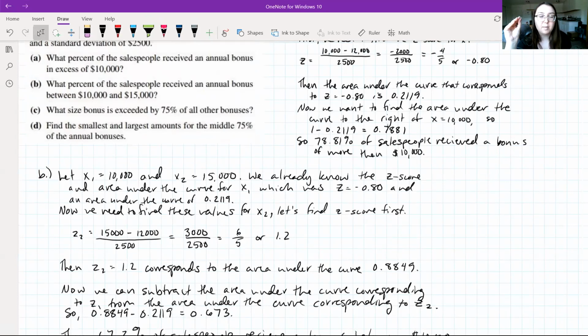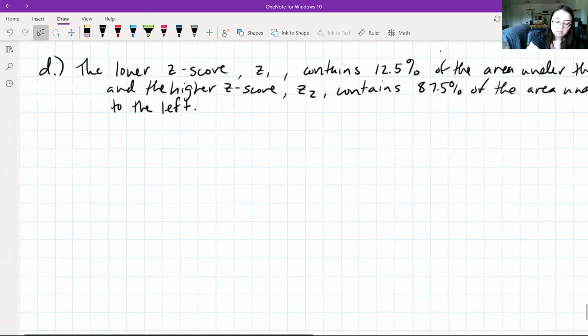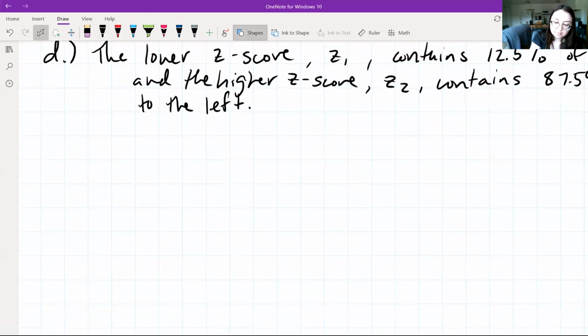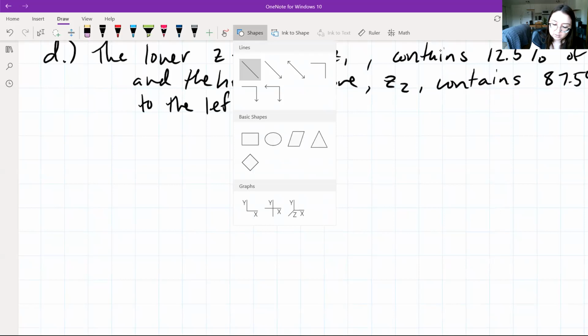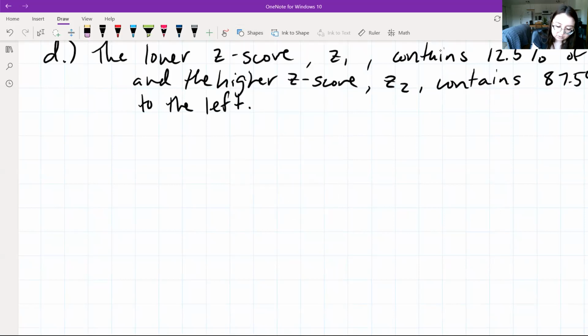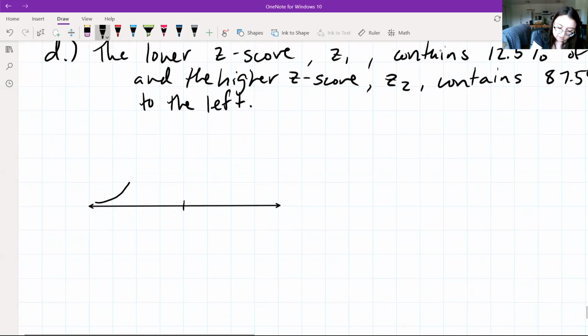And remember, if we're talking about the middle 75%, when we draw out our normal distribution, we're going to get our curve here. We're going to say that's the mean. This is going to be our normal curve.